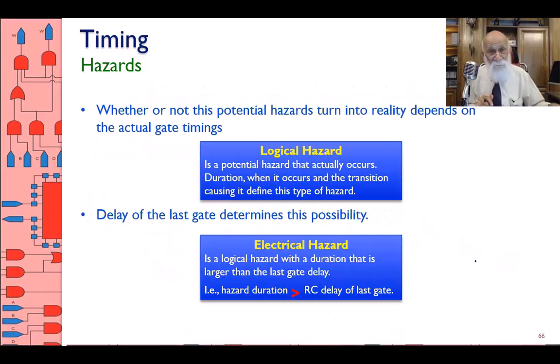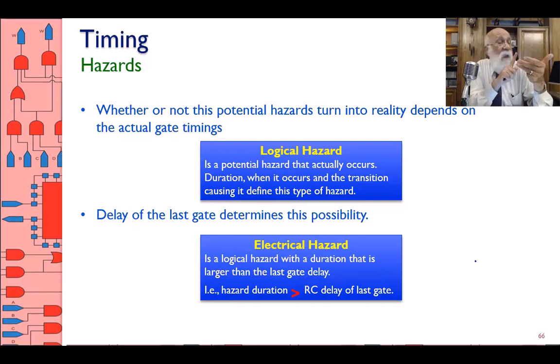But then we have logical hazards. Logical hazards are potential hazards that really happen. Because potential hazard says, you don't know about the delays, you don't know about the direction of the input changing. All you are saying is something is fishy. Logical hazard means something is fishy, and that something fishy is really happening.